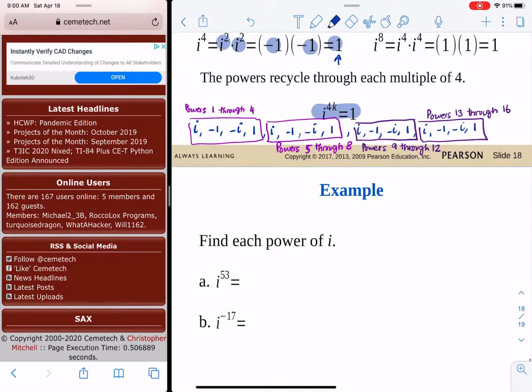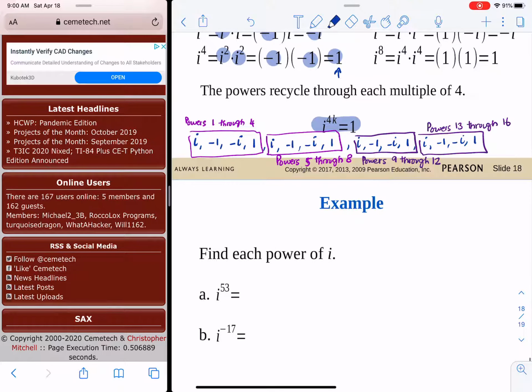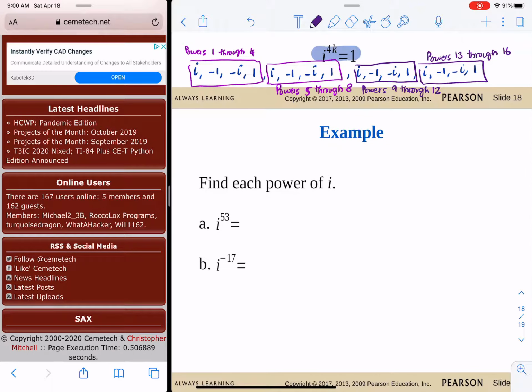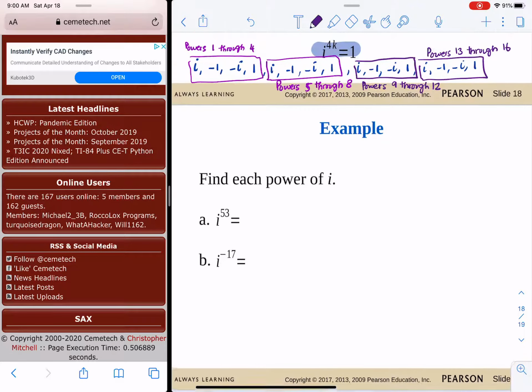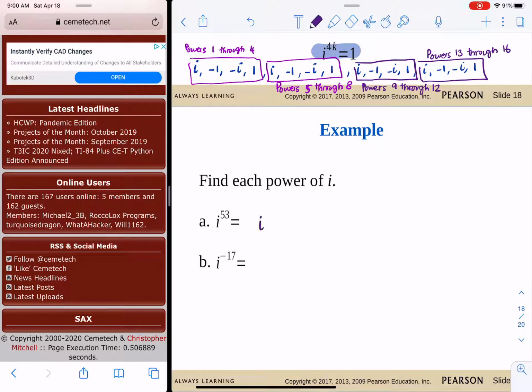So here we have i raised 53. Now, could I write 53 as a multiple of 4? So I could write it as i raised 52 times i raised 1. The bases are identical.